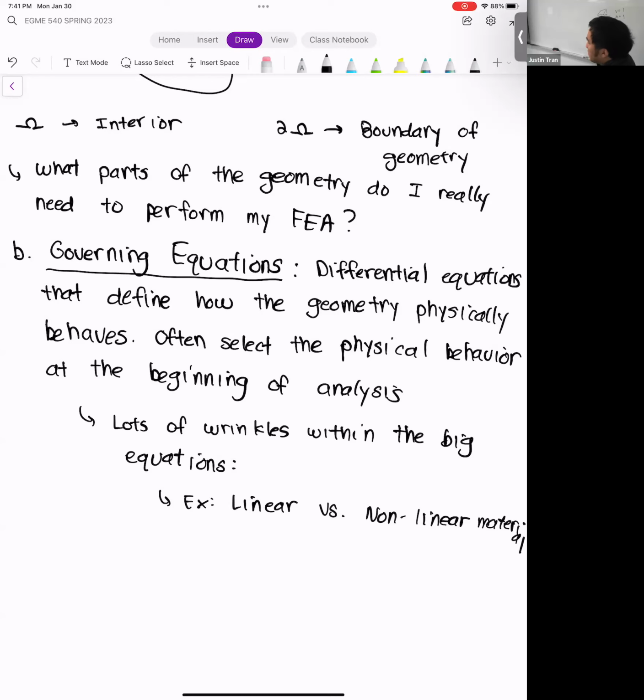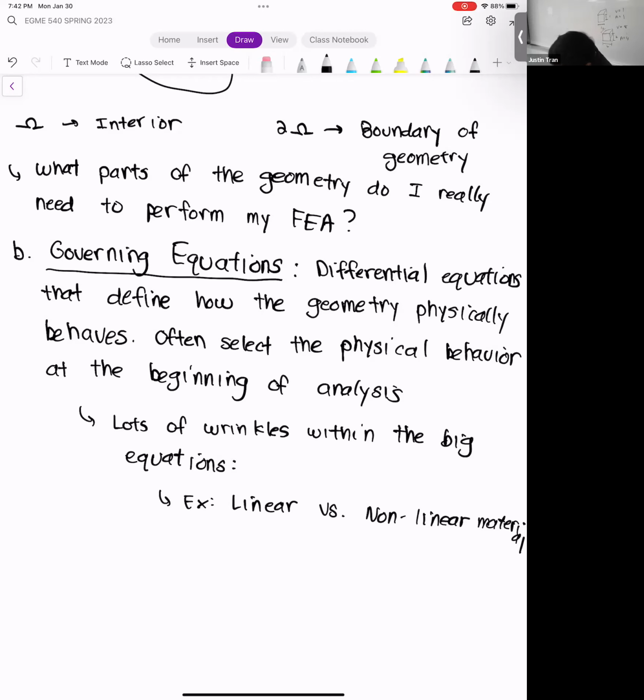A linear material, something like a metal, is going to behave very differently than a non-linear one, like plastic, or even a composite. The equations you use to model linear deformation are different than non-linear. We'll talk about that in the class at some point.